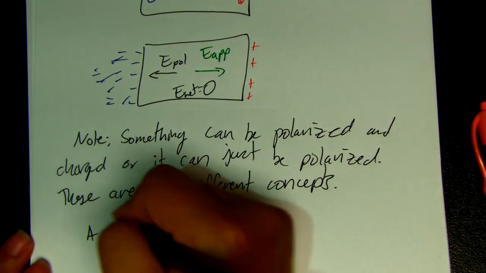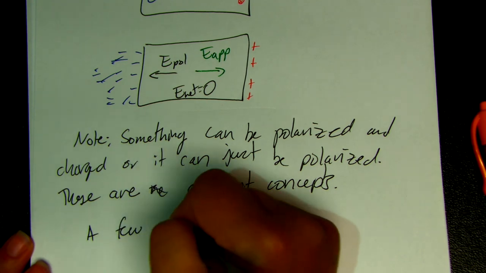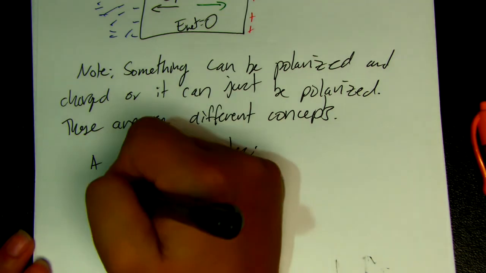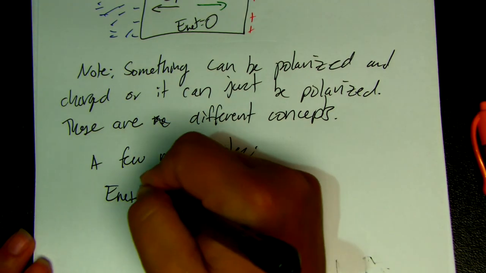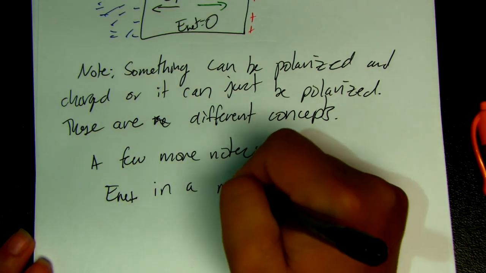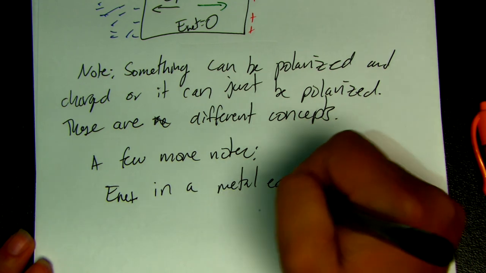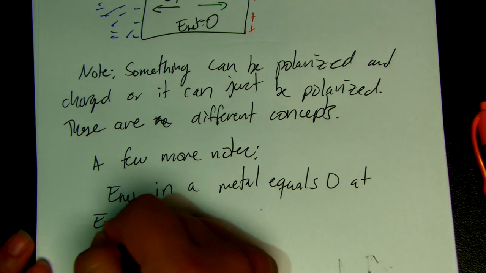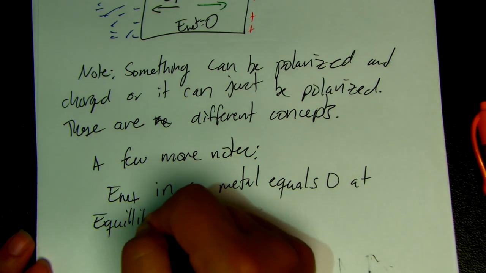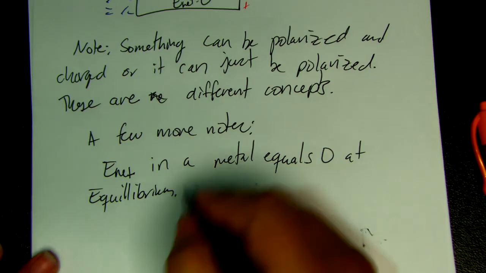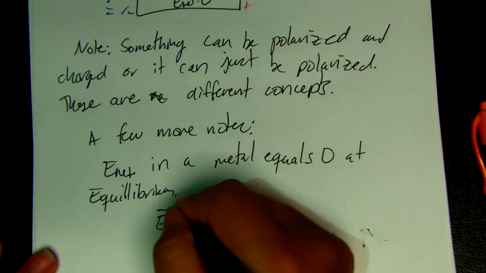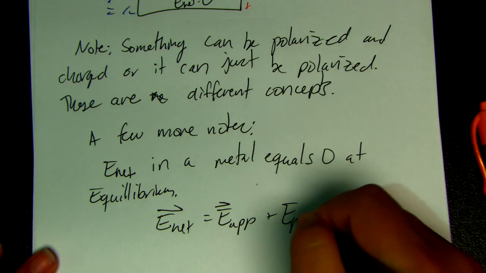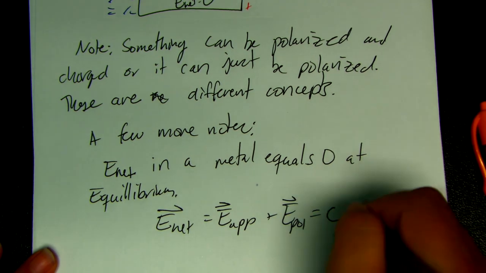So a few notes. The net electric field in a metal equals 0 at equilibrium. And what you have there is that the net field is equal to the applied field plus the field from polarization, which is equal to 0.